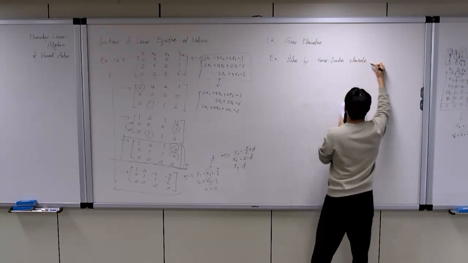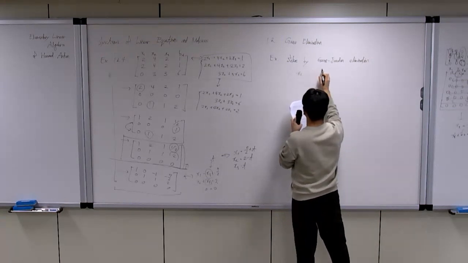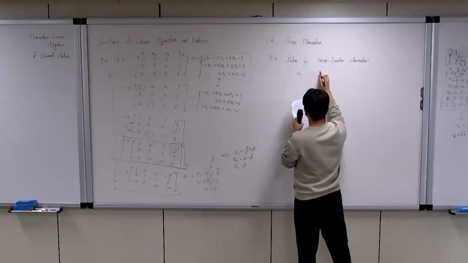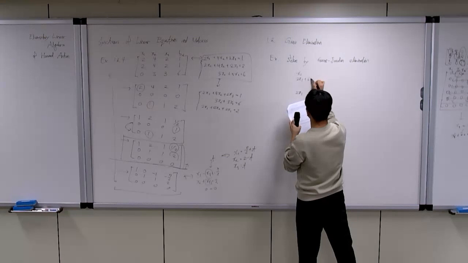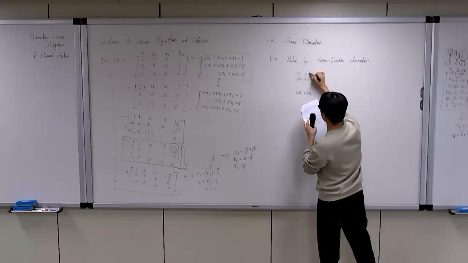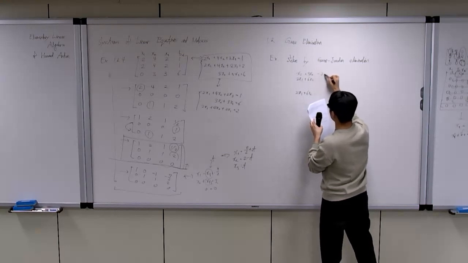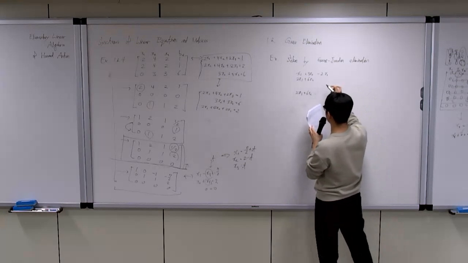By using Gauss-Jordan elimination, you can find the solution set of this linear system.